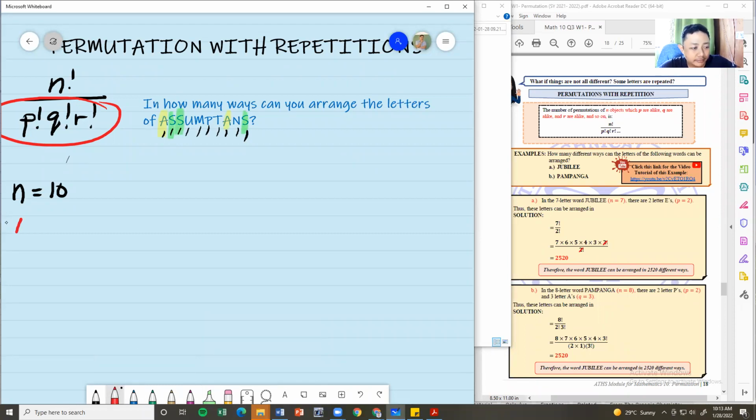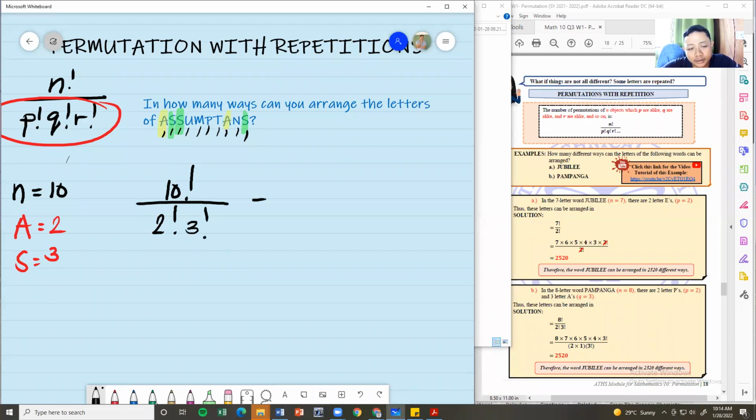Your A appears 2 times and your S appears 3 times. Therefore, applying them to our formula, this becomes 10 factorial over the repeating values: A, which is 2 factorial, times S, which is 3 factorial.